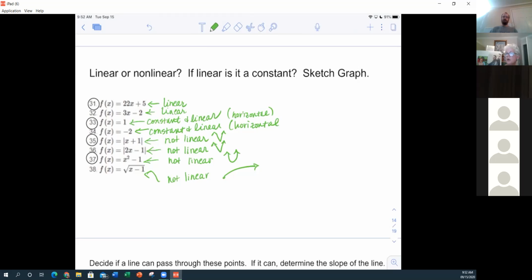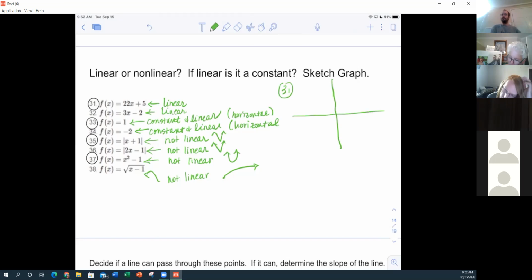Okay, so let's go back and make sure we can sketch these graphs. So 31, what's the y-intercept? 0, 5. And what's the slope? The slope is 22/1.